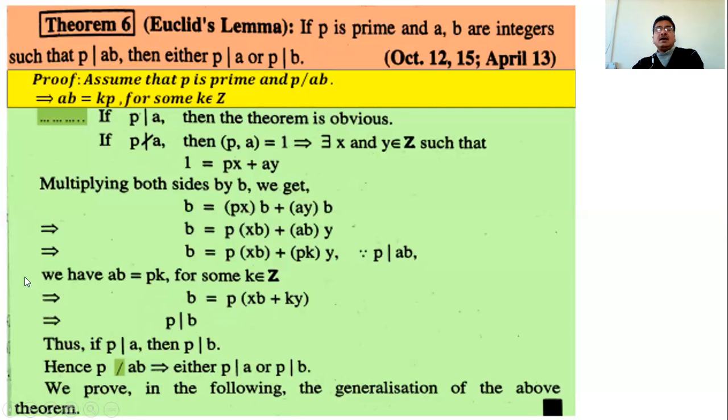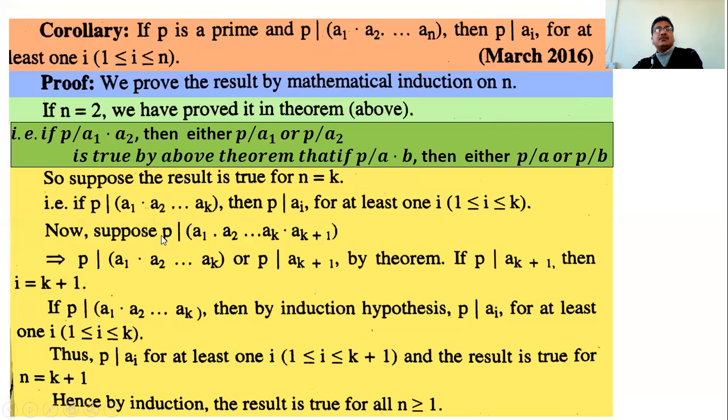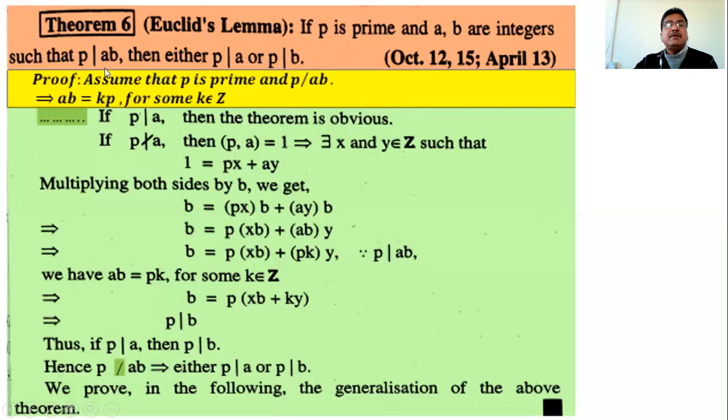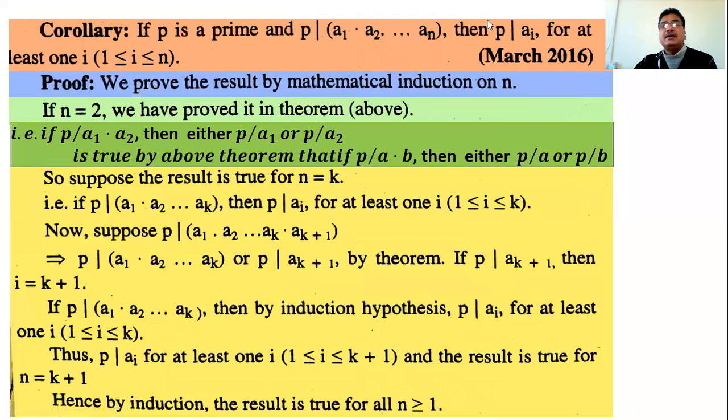Here, as a generalization of the above theorem, we take a corollary. That is, if P is prime and P divides A1 A2 up to AN (here we had only two, A1 and A2, as AB, the product of two), here it is a product of n integers, with P prime and P dividing A1 times A2 times up to AN, then we have to show that P divides one of them, either A1 or A2 or A3 or AN.